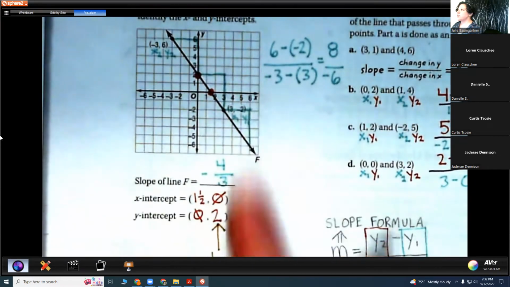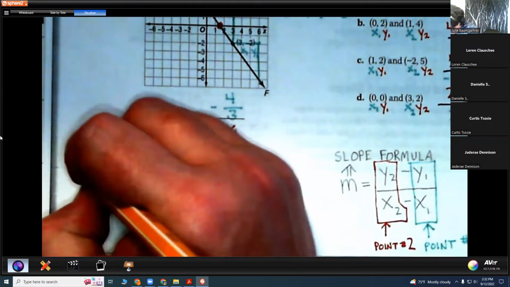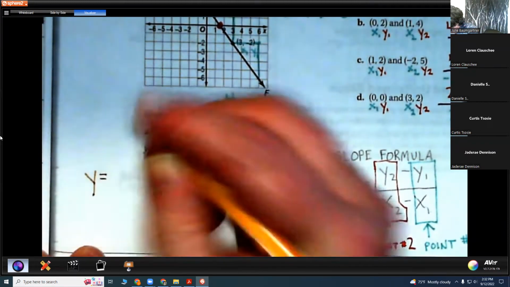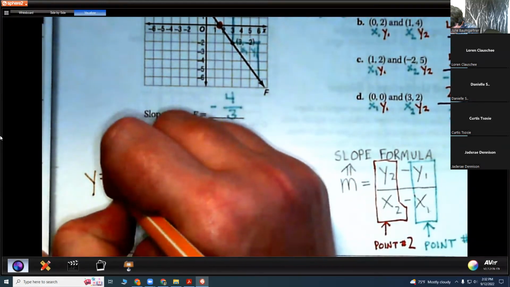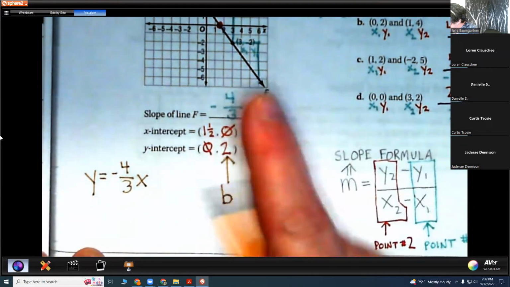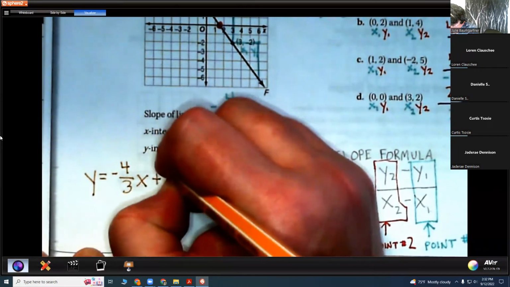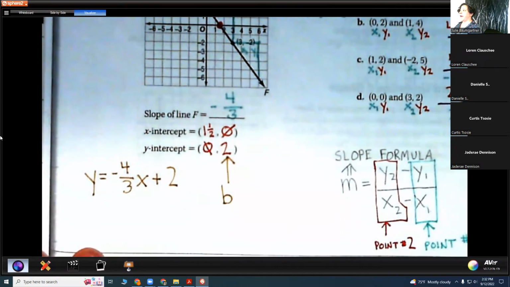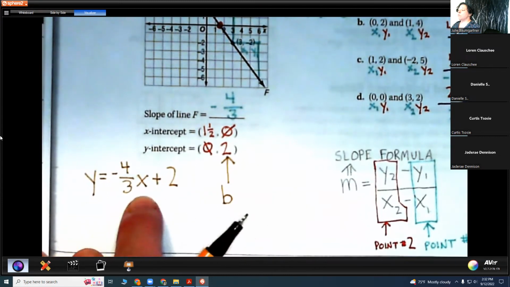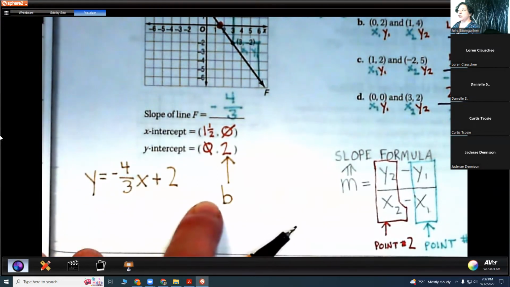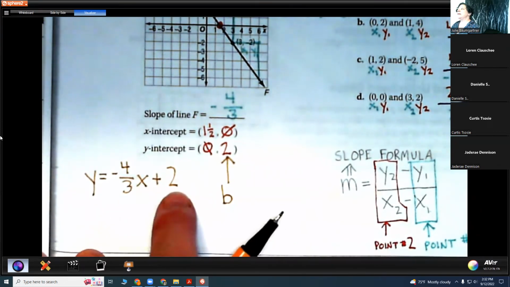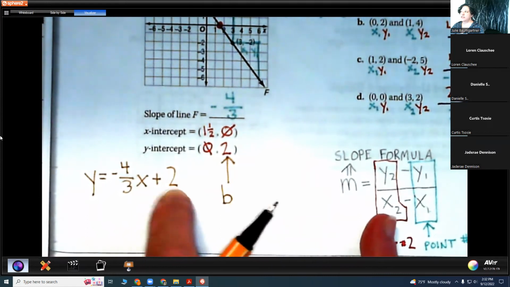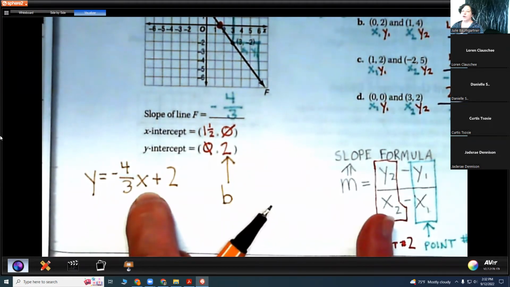So the equation of this line is y equals, what's our slope? -4/3 x plus our B, which is +2. Okay, so when we have an equation of the line, we need to figure out the slope and we need to figure out what the value of y is when x is 0.